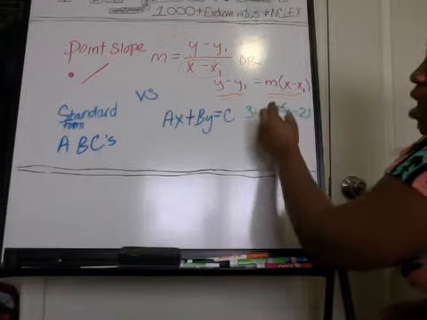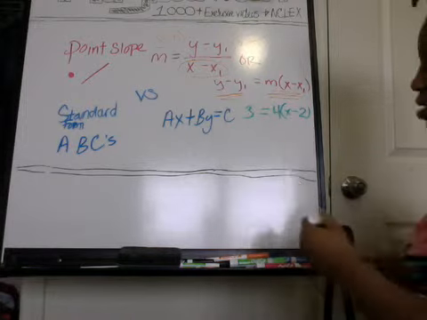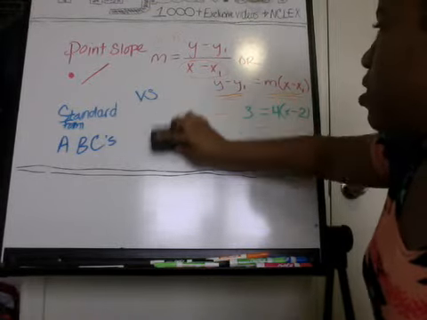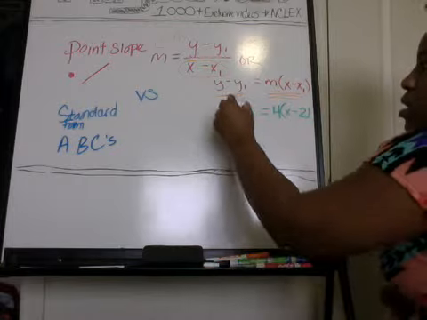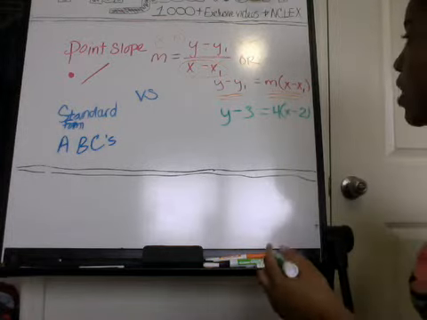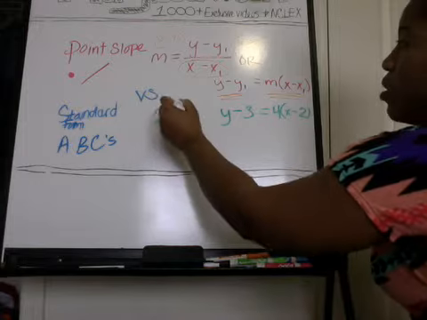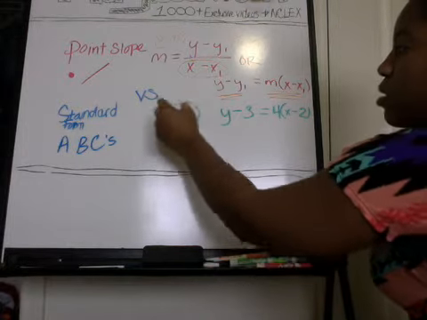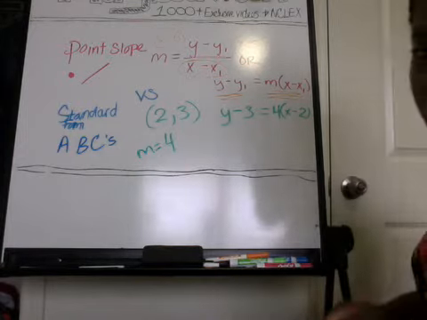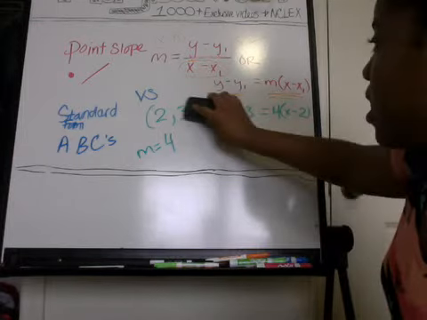Okay, so basically all we did here is we just substituted. I'm going to erase this formula real quick. Basically all I did was just substitute the numbers. So what I said was we have a 2, 3 point with a 4 slope. That's all I said, okay? And I just put it in this equation, alright?